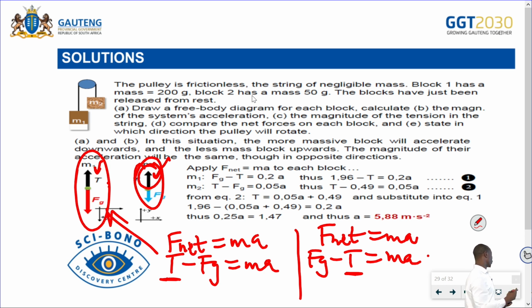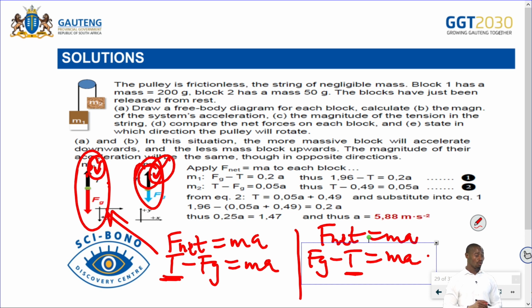Right? So when you look at your free body diagram, this is acting up, this is also acting up. So if up here is positive, your up here should be what? Negative. To make sure that the tension is the same in magnitude but acting in opposite what? Direction. So please be careful. If you don't do that, let's say this is positive, at the end your acceleration will be 9.8.